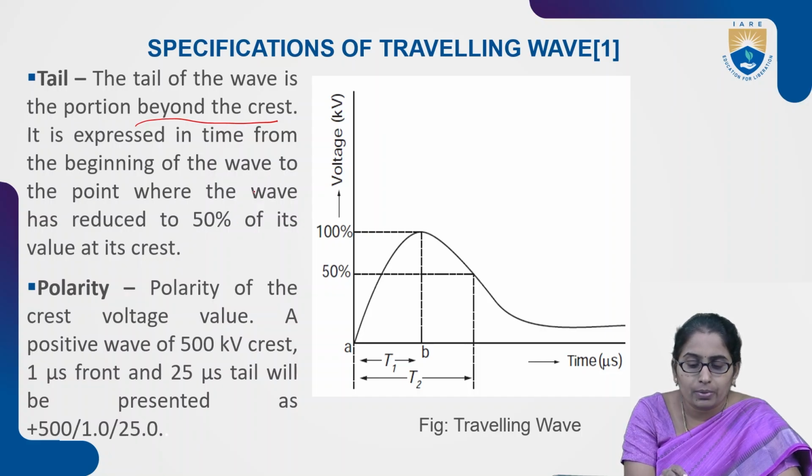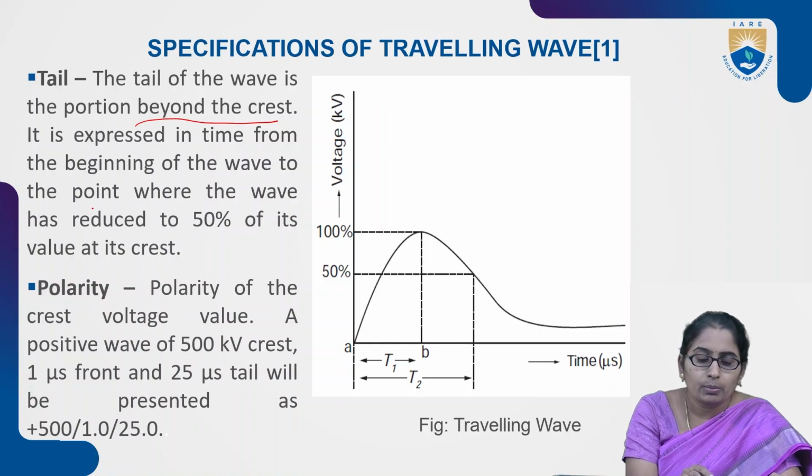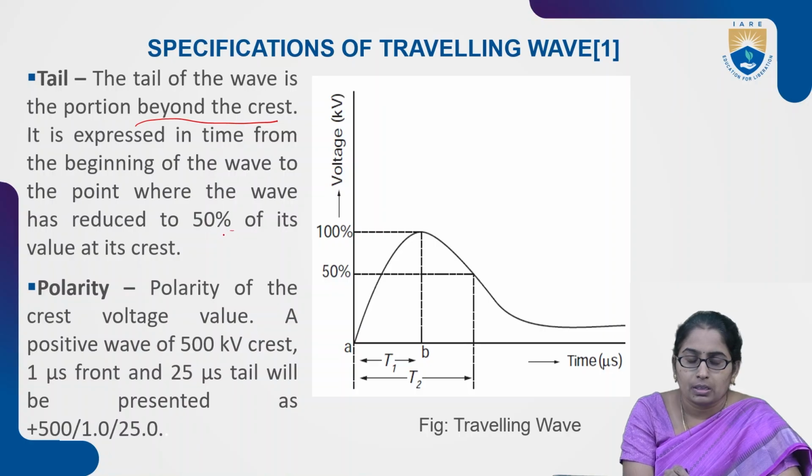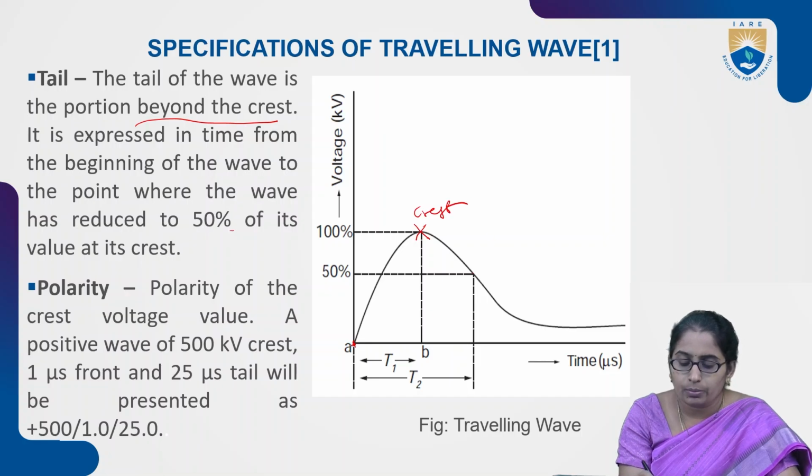This is the crest value, right? So it is taken from the beginning of the wave to the point where the wave reduces to 50% after the crest.